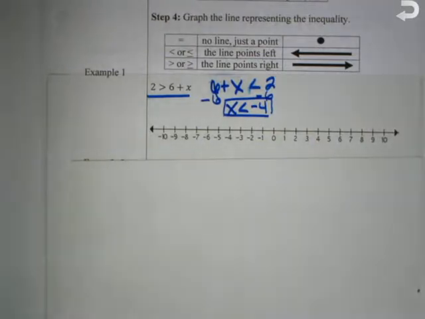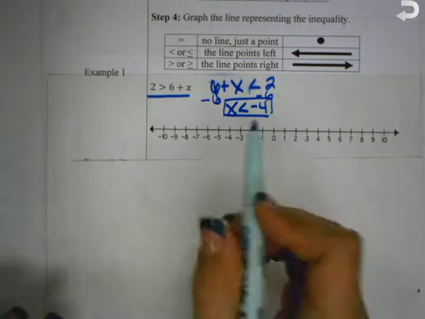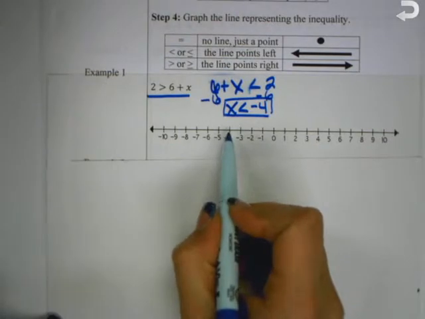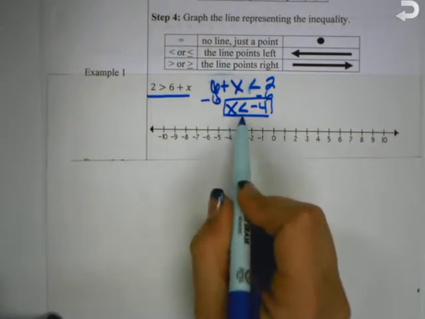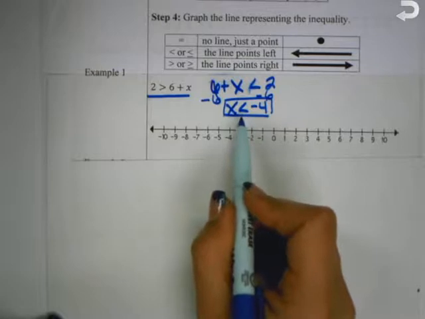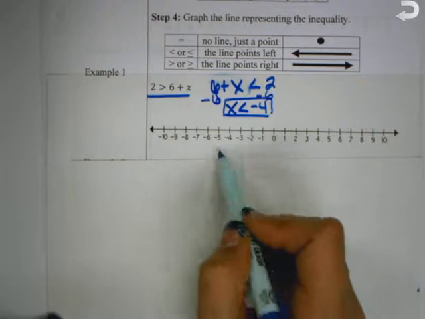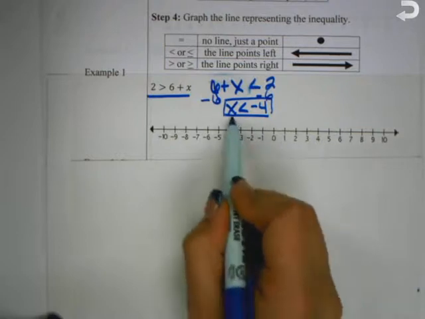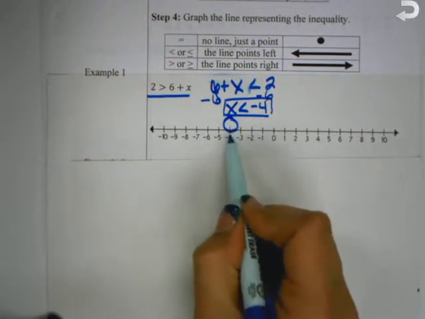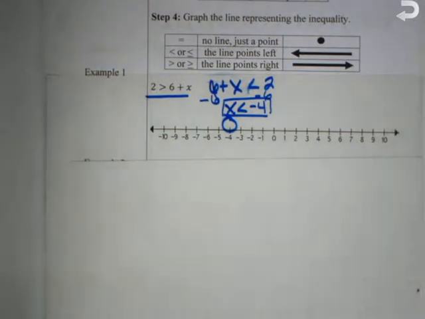Okay, so I'm going to go to negative 4. And I have x less than negative 4. So is my dot going to be open or closed? Open. It's going to be open because we can't touch negative 4. We can get really close to it, but x cannot equal negative 4.